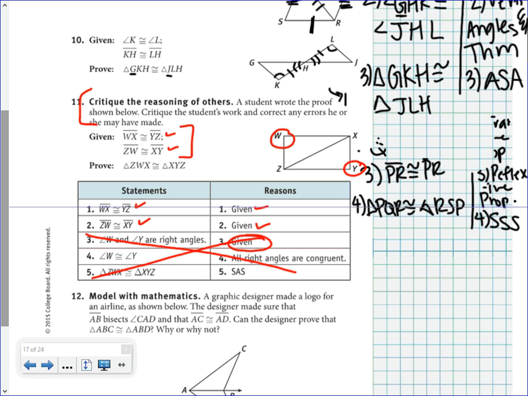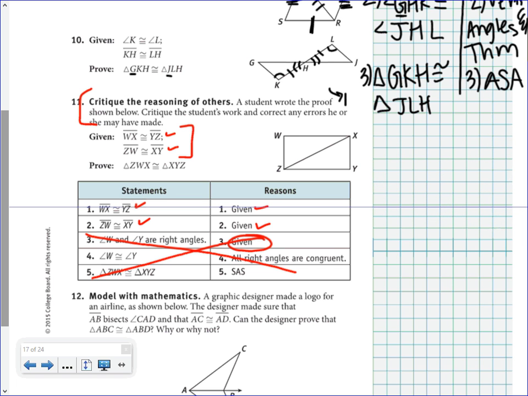So to fix it, instead of saying step 3 there, let's look at what information they gave us and mark it on our figure. So WX is congruent to YZ and ZW is congruent to XY. The other thing that we know is that this side is congruent because they share it.